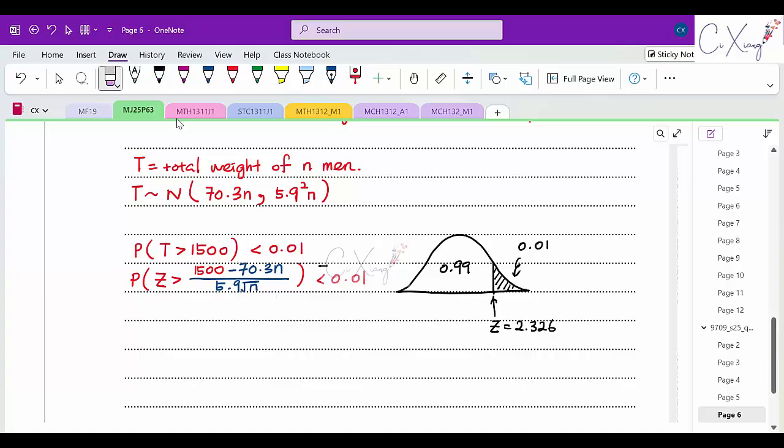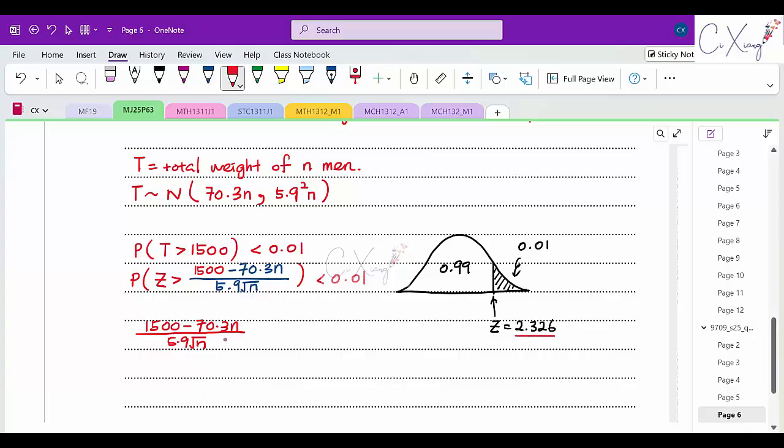Okay, after you know the value of z, let's have a look at this question. What is the value of z in my calculation? So this is the value of z, right? If I want the area smaller than 0.01, that means this value must be more than 2.326, right?